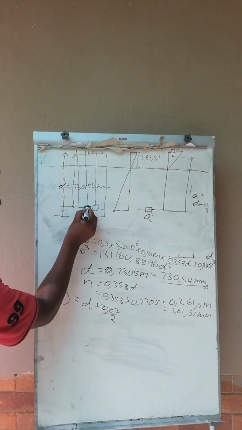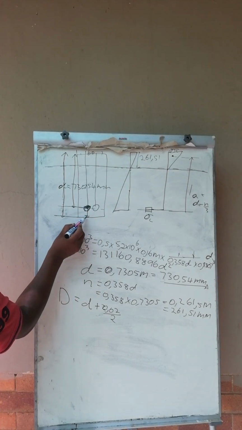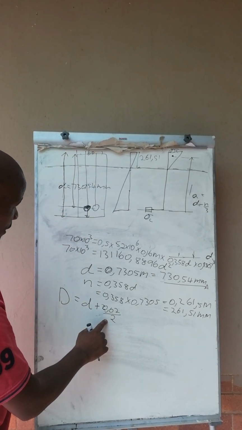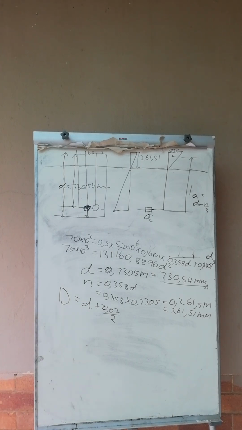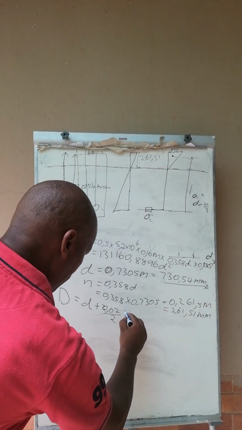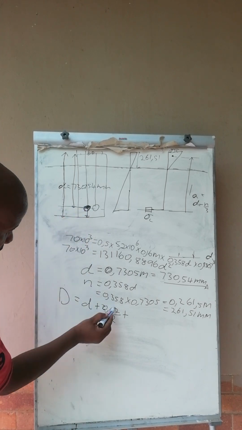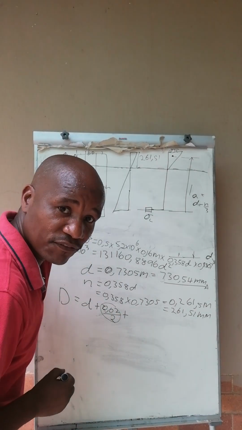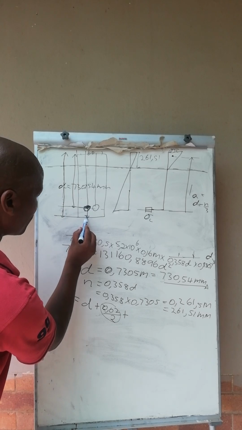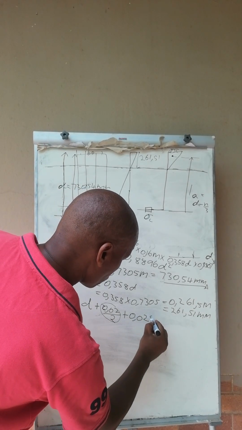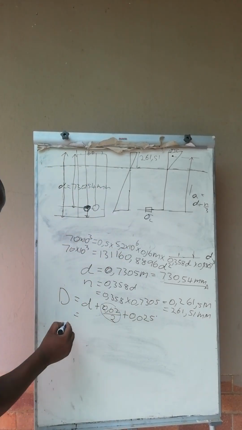The distance from the bottom to the center of the reinforced steel is D, plus the distance from there to there, which is the diameter of the reinforced steel, plus the distance given as 0.025 meters. And that is our D.